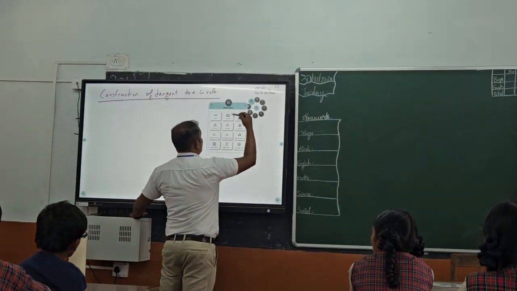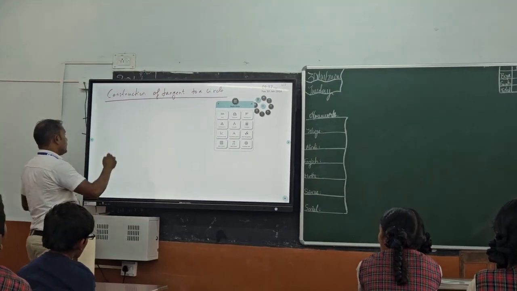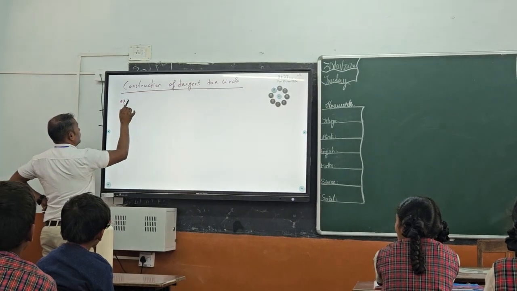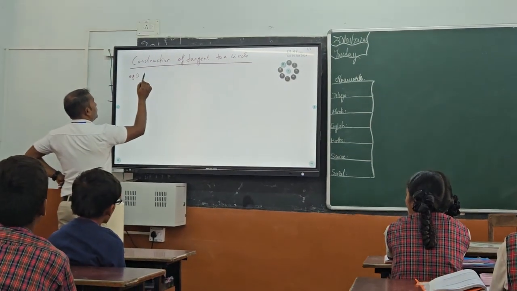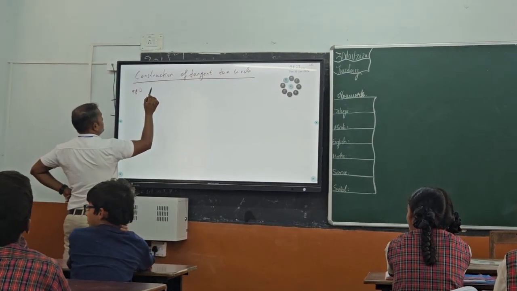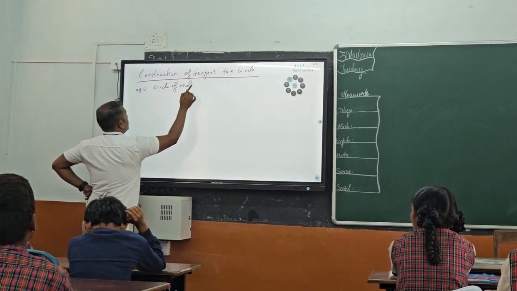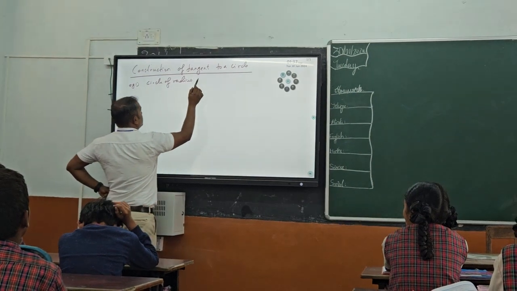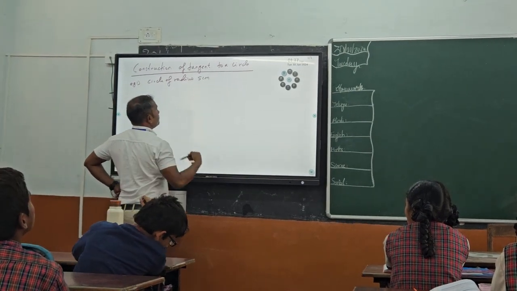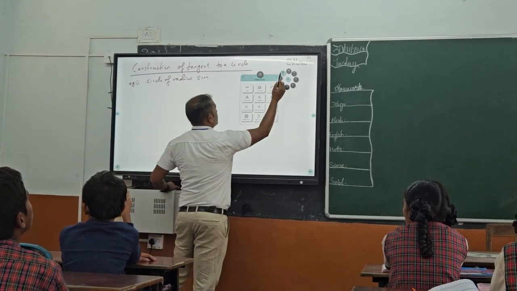Now, first what do we require? Suppose one question: construct a tangent to a circle of radius 5 centimeters. So what do we require first? A circle.